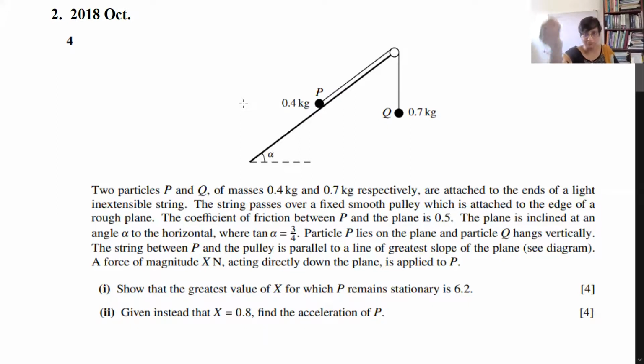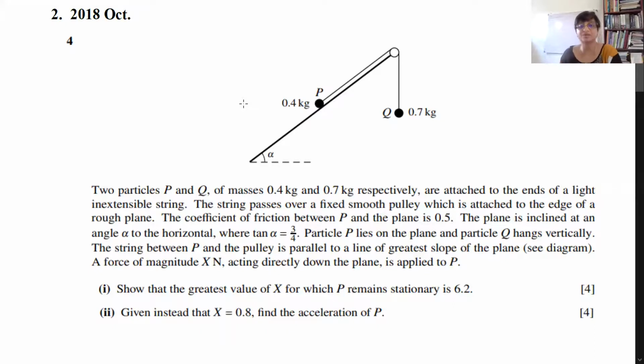Okay. Q goes down because Q is heavier. As it is, it's going to move like that. So if you want to keep things stationary, you need to pull P downwards. So that's what they are saying. You are applying the force X downwards in order to keep it not moving.